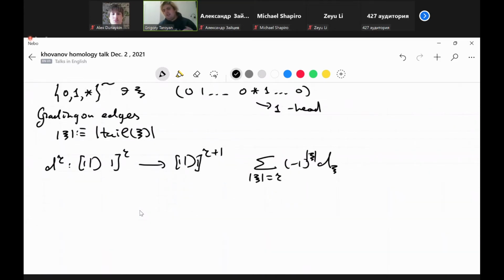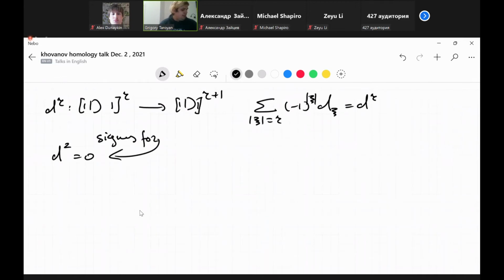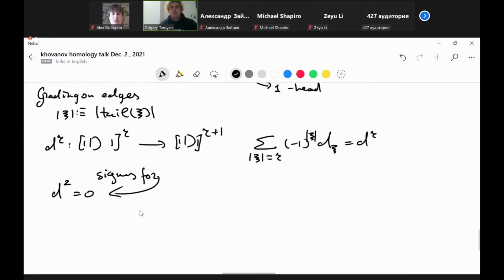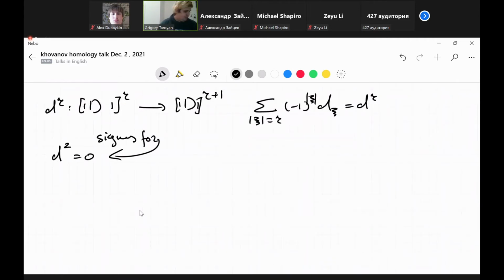So first I need to explain where the signs come from. Well, the signs come from the fact that we really need the differential to be a differential, so signs for this equality here. Now what we need to do is to understand what is happening at each edge. The very convenient thing to do here is to think about it like one-dimensional cobordism.